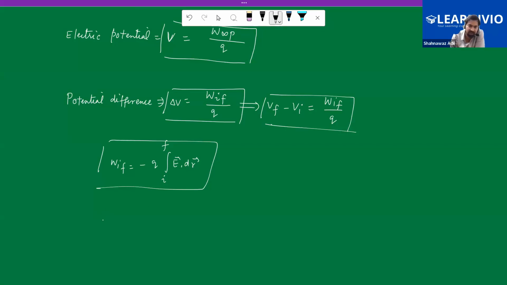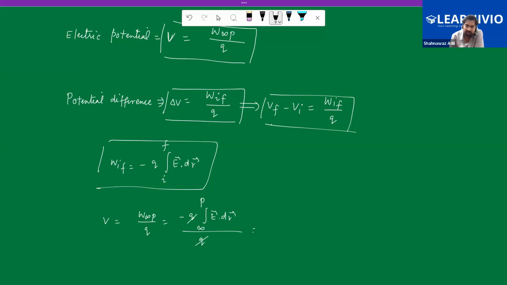Using this idea, electric potential would be W from infinity to P divided by Q. So this is minus Q integration from infinity to point P of E dot dr, divided by Q.